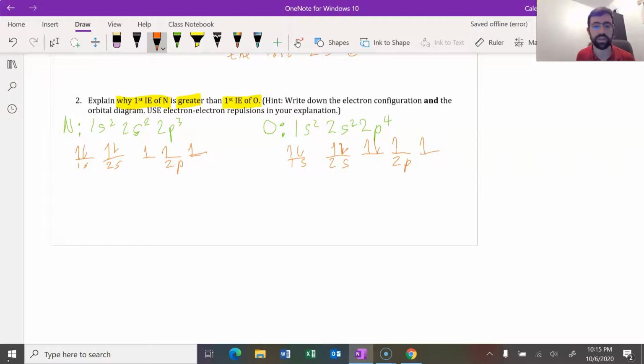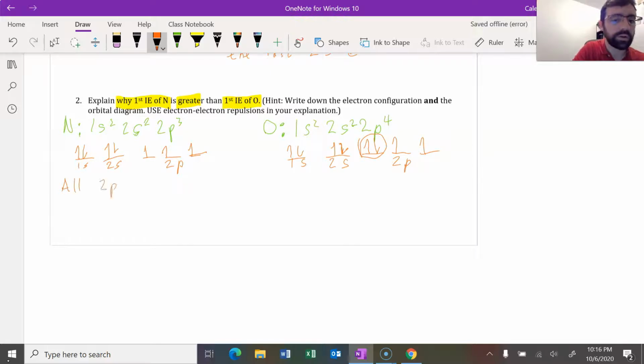Okay, so at this point, we have, on the right-hand side, for oxygen, we have some paired electrons. Okay, so on the left, all the p orbital electrons are unshared.